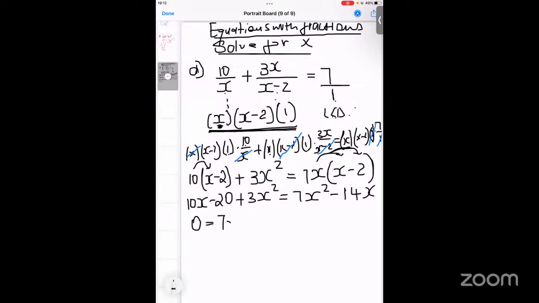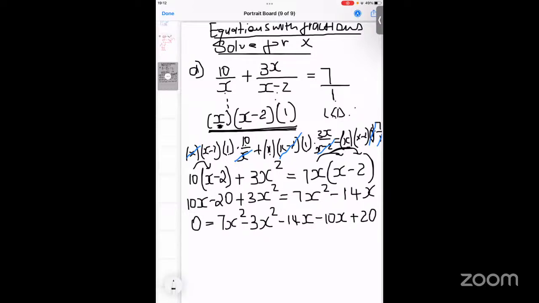You have 7x squared on the right. You minus it by that 3x squared. What you're doing now is to group. You already have negative 14x. You see that 10x, you take it to the right, it changes the sign, it becomes minus 10x. You see that negative 20, you take it to the right, it becomes positive 20.